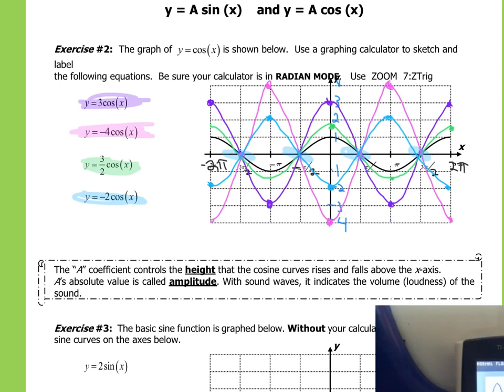So what they're saying here, let me just pick a color that we have not used, just so it's not confusing. If I were to talk about the pink one, my height goes from the 4 all the way down to the -4. So on that one, my height is 8, technically, right?